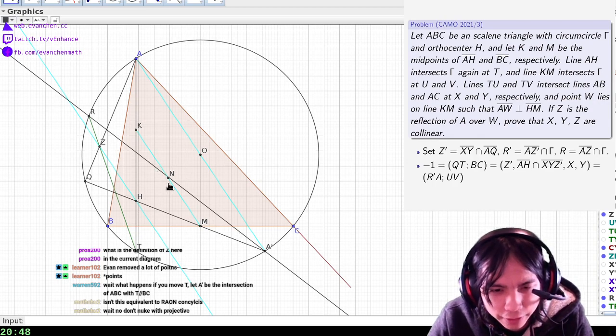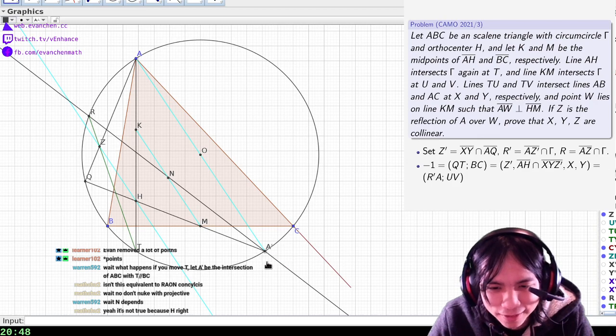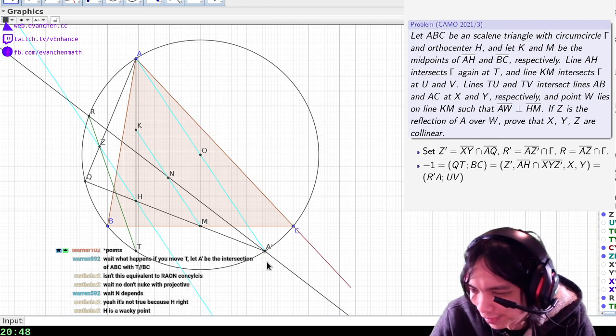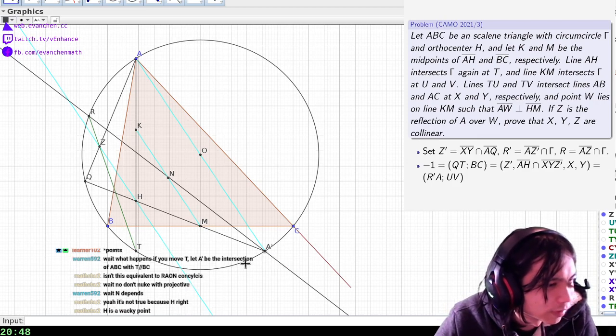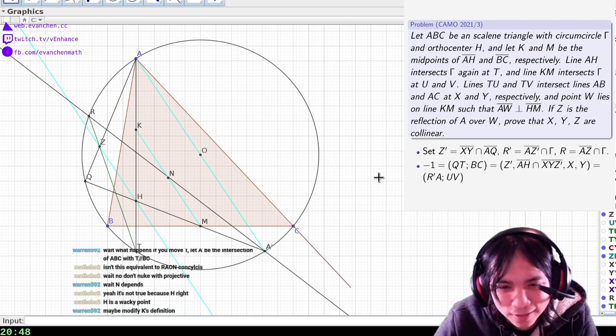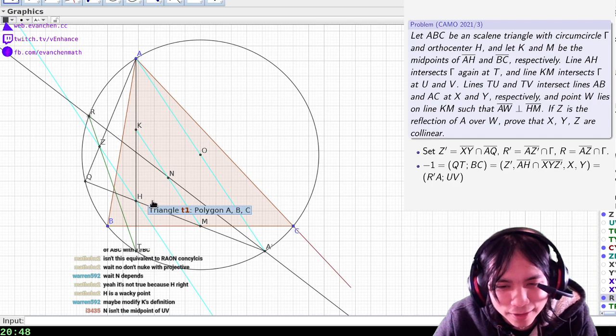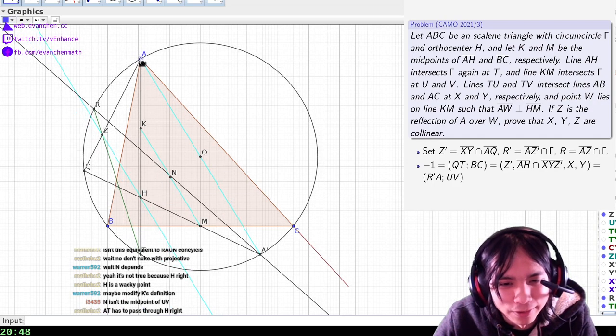Wait, why does it not pass through N? Wait, hang on. No. Did I mess up? Wait, we think those are linear, right? Hang on, what did I do?